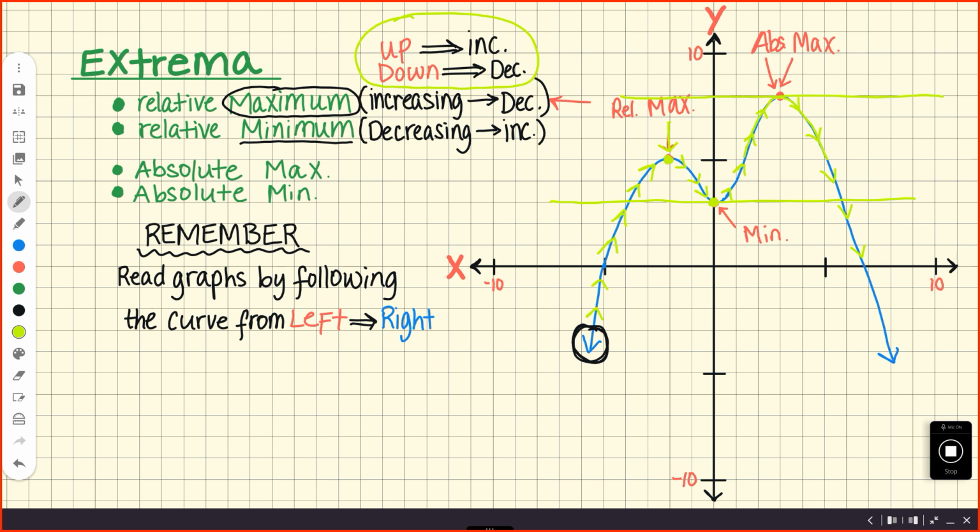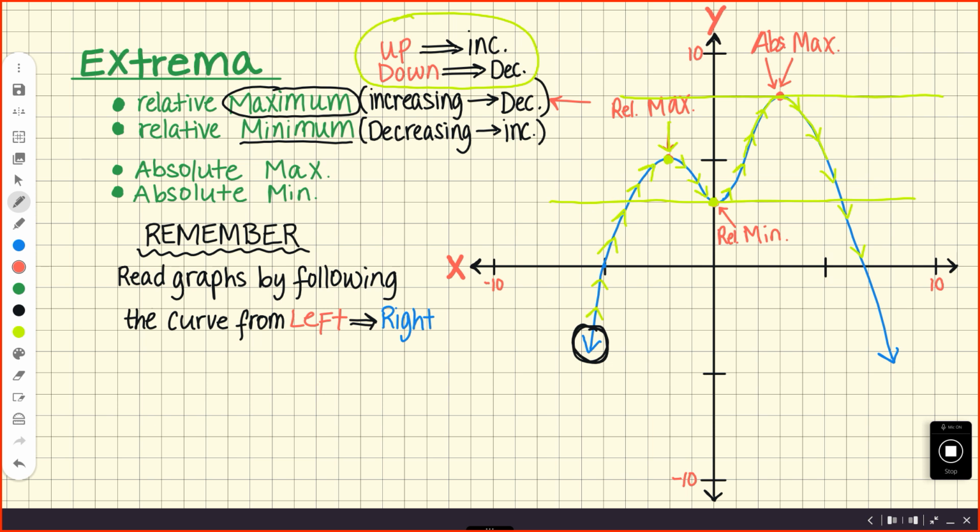So it is a minimum because it's decreasing to increasing, but I do have the blue curve of the graph below that line. So there are other minimum values that are not extrema, but they're lower than that relative minimum. So this one is a relative minimum.